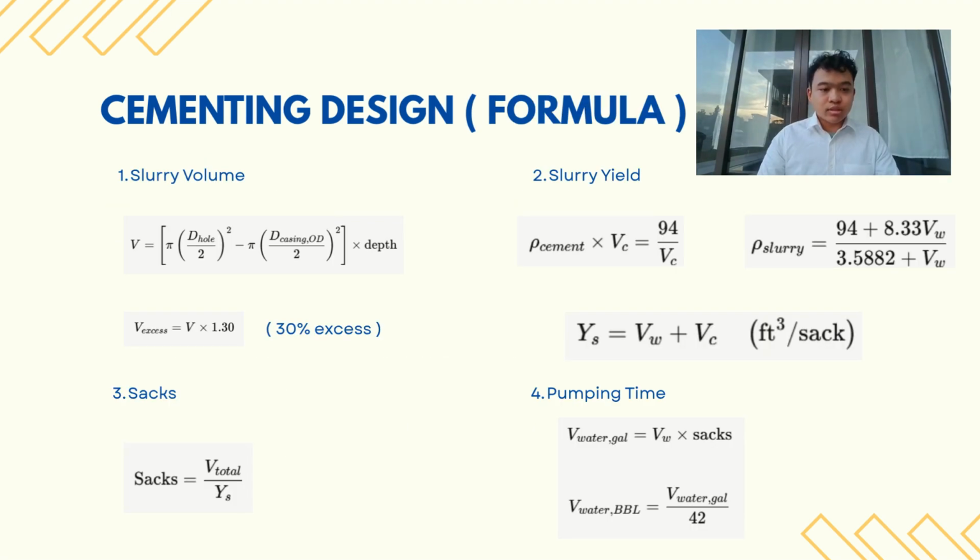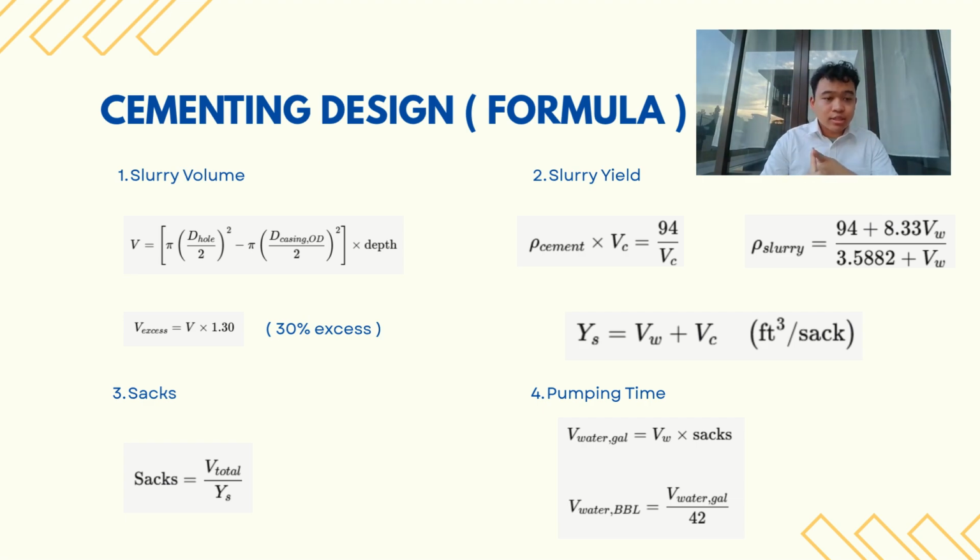Next, let's go to the cementing formulas. We use four formulas: the first is slurry volume, the second is slurry yield, the third is sacks, and the fourth is the pumping time. For slurry volume, it's basically the annular space between the hole and casing, multiplied by depth, plus 30% excess.